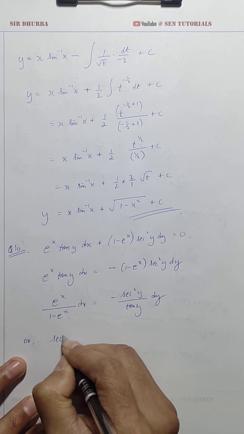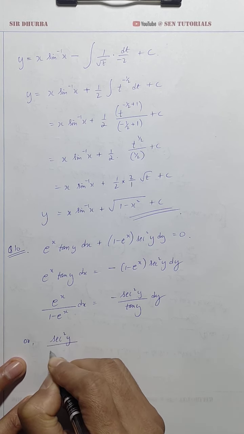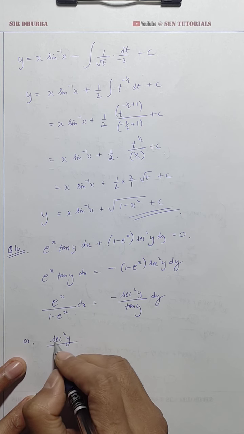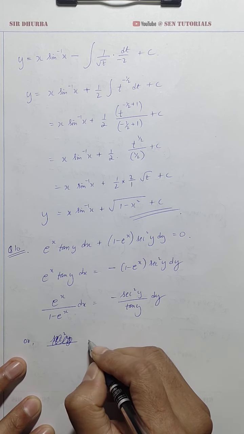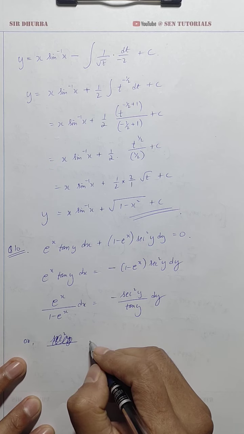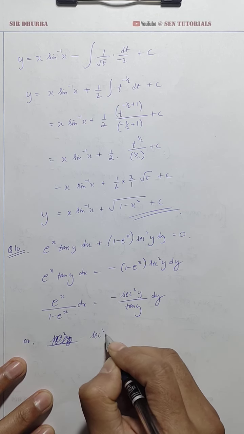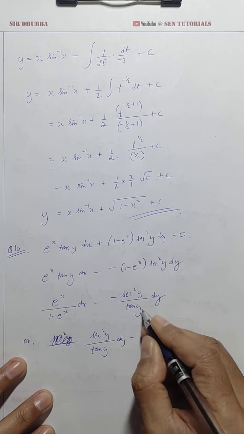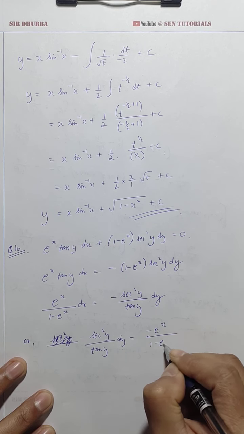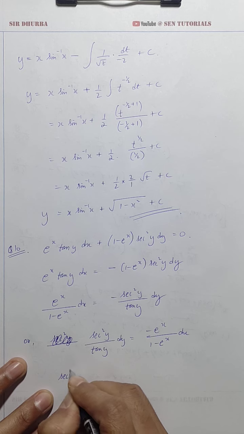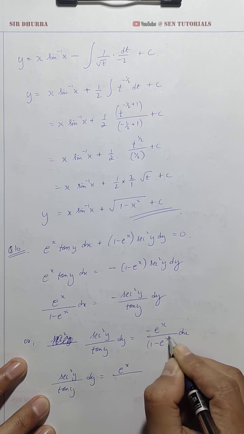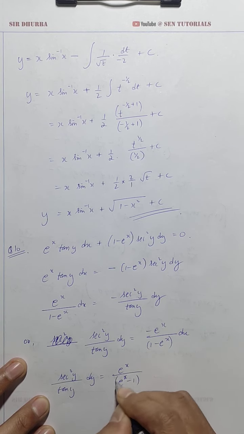So sec square y by tan y dy equals minus e power x by 1 minus e power x with respect to x, which is e power x by e power x minus 1 with respect to x.